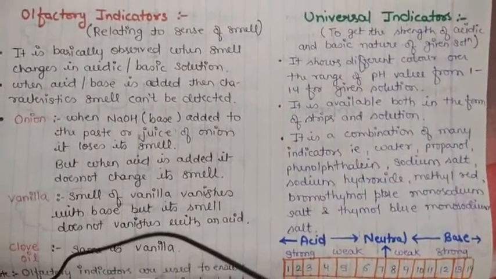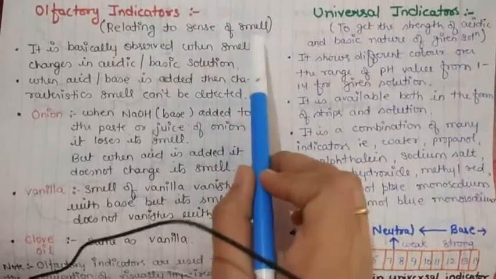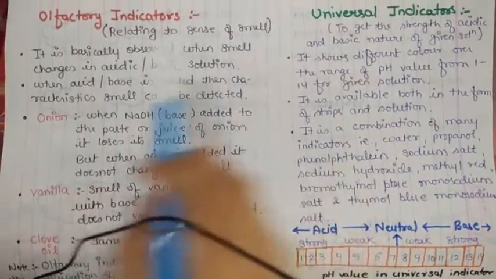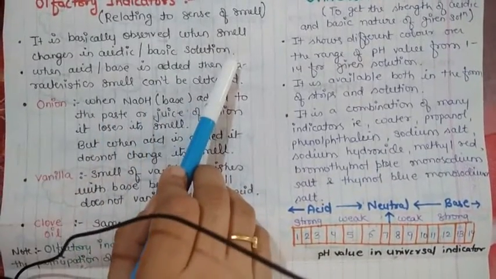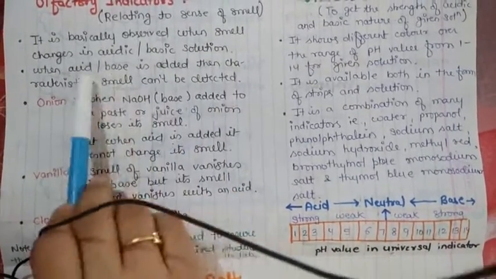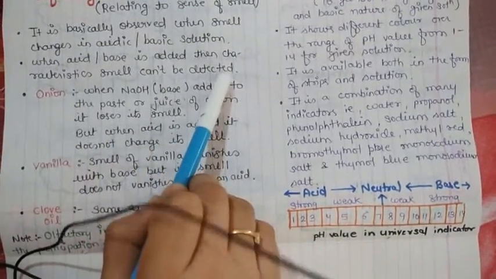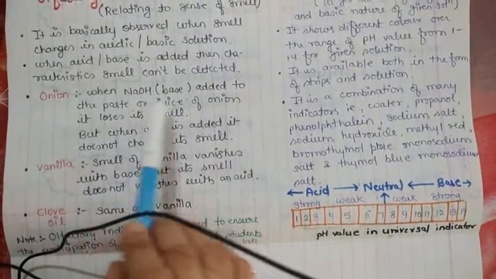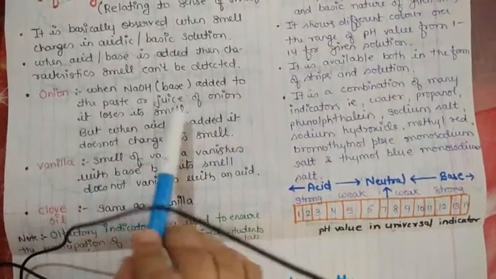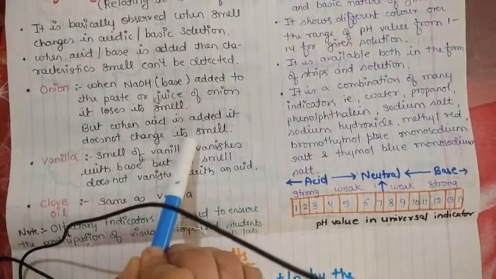Next you can see that olfactory indicators are related to the sense of smell. It is basically observed when smell changes in acidic or basic solution, as I've already told you. When acid or base is added, the characteristic smell may not be detected. Onion: when NaOH, that is base, is added to the paste or juice of onion, it loses its smell. But in acid, it will not change its smell.